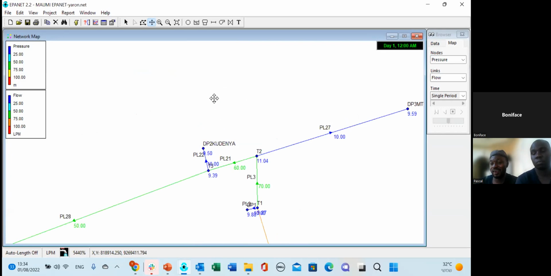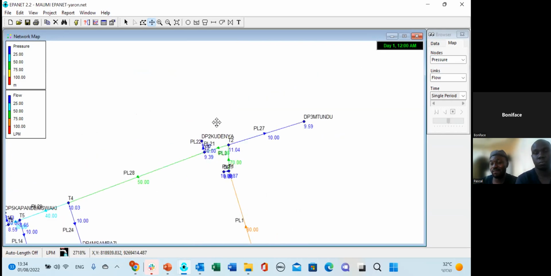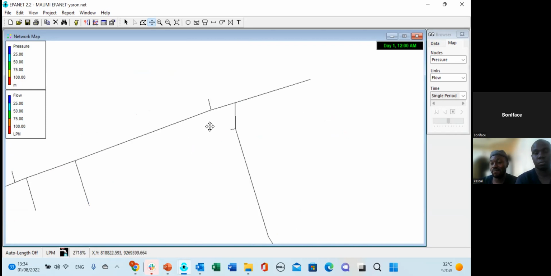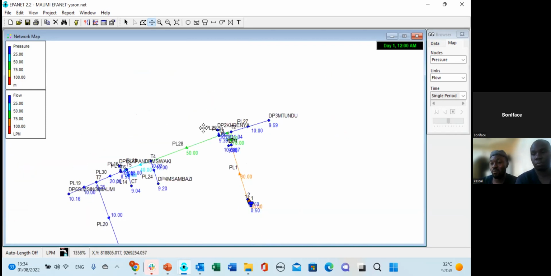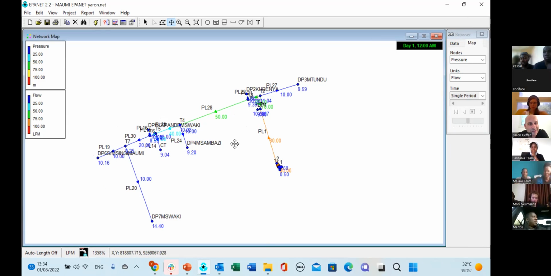This is a simplified way to model a water supply network, but it doesn't actually work like this, because the flow coming out of the tap is pressure dependent. If the pressure is high, we'll have more flow. If the pressure is low, the flow will be lower from the tap.